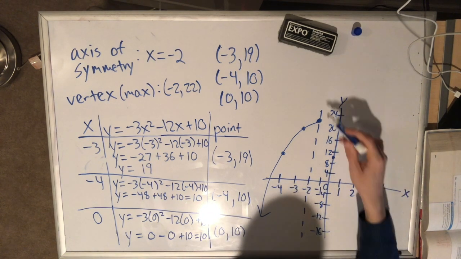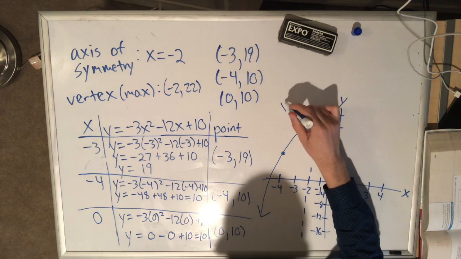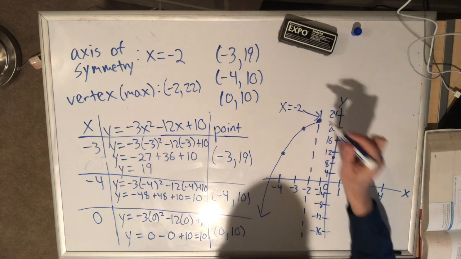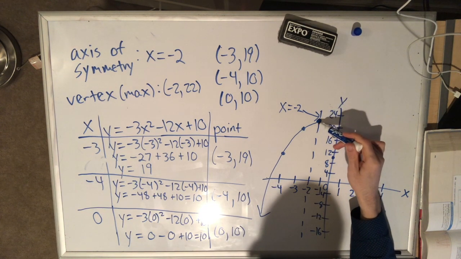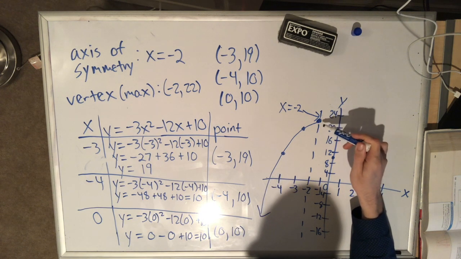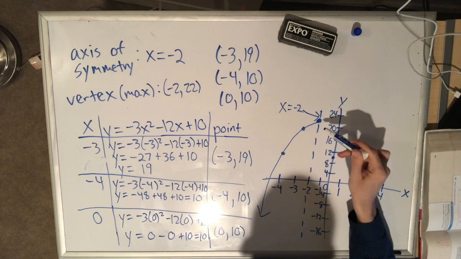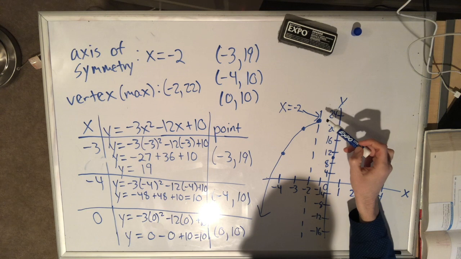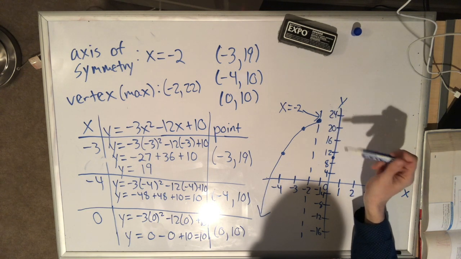And knowing that this dotted line, x equals negative 2, is the axis of symmetry, we know that the right half of the parabola, the part to the right of the dotted line x equals negative 2, is going to be a mirror image of the left half.